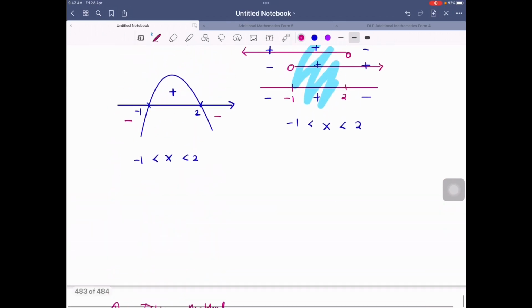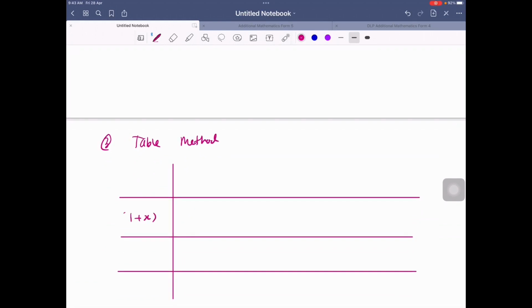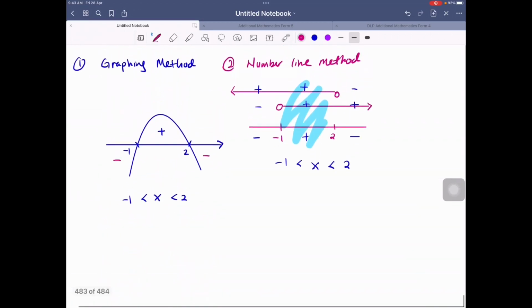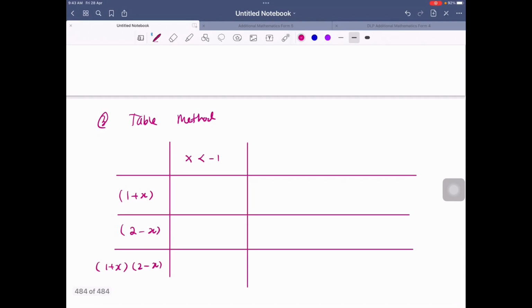Label it with 1 plus x and 2 minus x. And the parts are x less than negative 1, x in between negative 1 and 2, and finally x greater than 2.